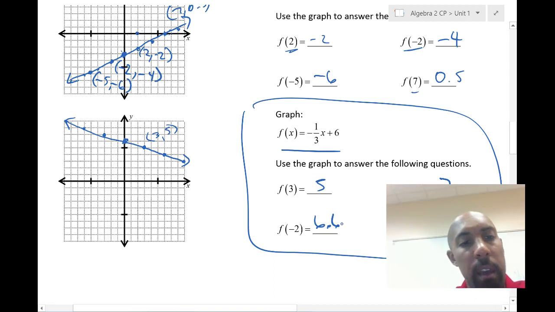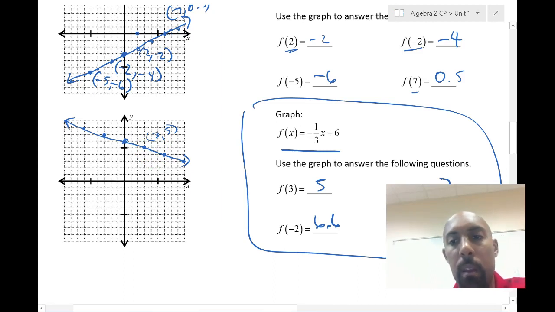Somewhere around there. Okay, and for 4, I go over to 4 and up, and again, it's not right on an exact integer point, so we'll say that's about 4.6 as well. Or 0.6 as well, just like the last one.